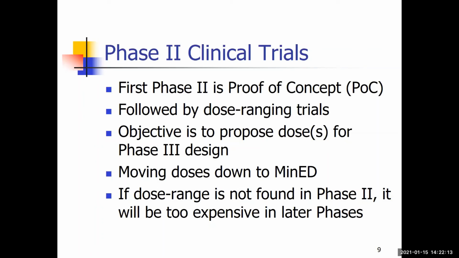If the true MTD is 200 milligram, but the phase 1 told you it is 100 milligram. Now you design a POC. You do 100 milligram against placebo. Now the results came out. It looks good, right? 100 milligram works. It's very safe.